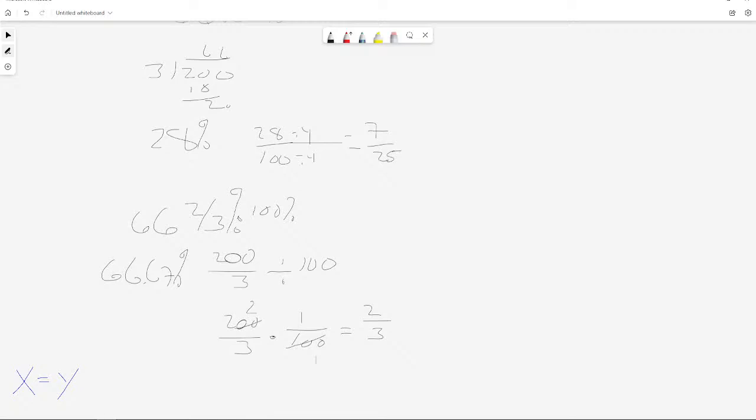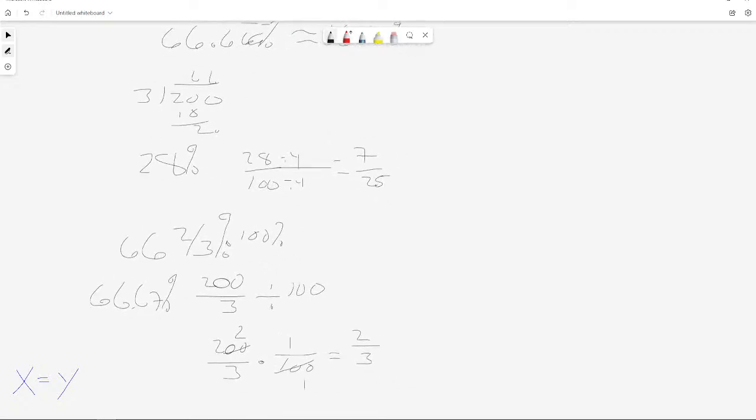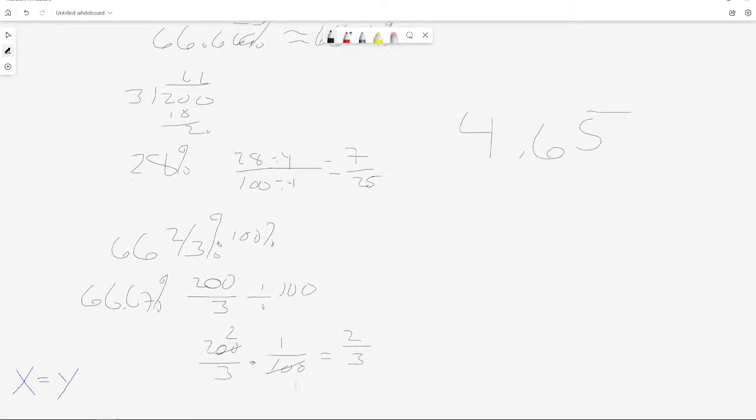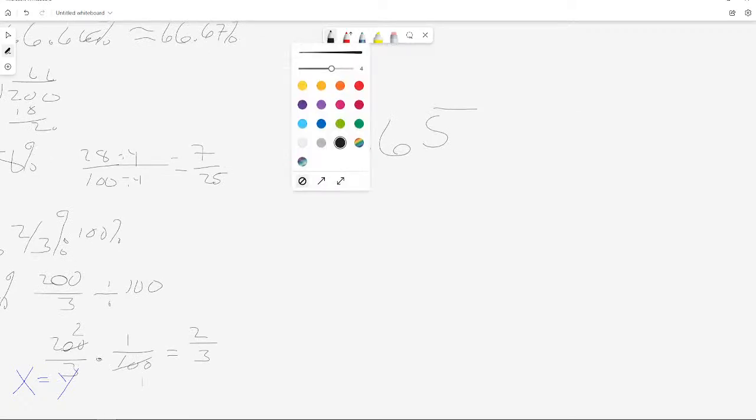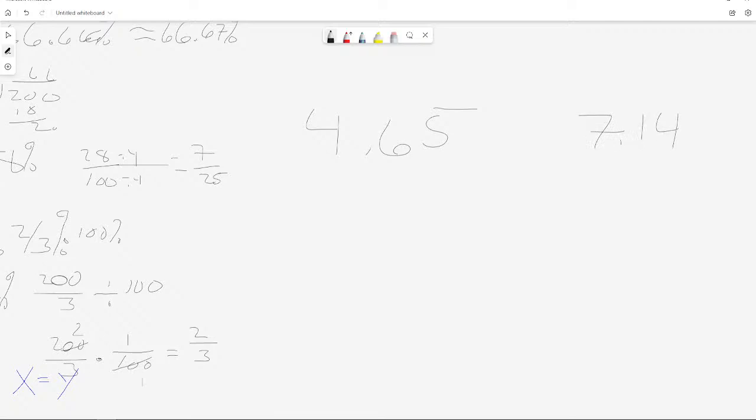To add or subtract decimals, remember, if you have 4.65 and you want to add or subtract that to 7.14, you need to make sure everything's aligned up.